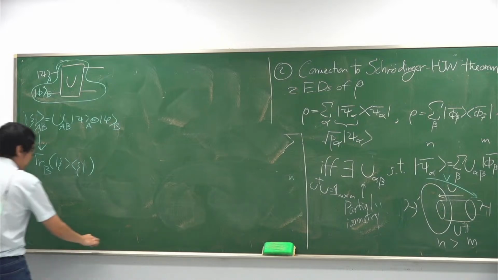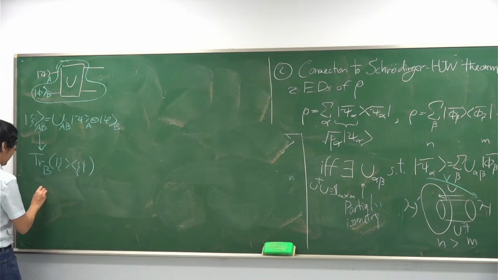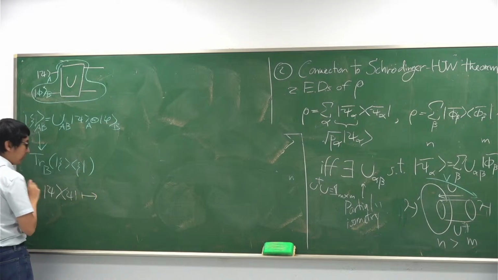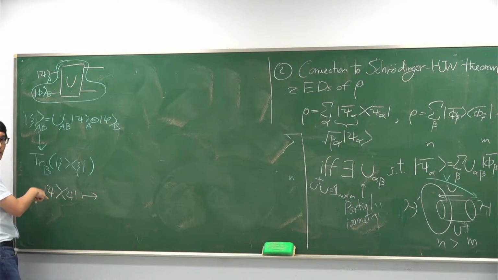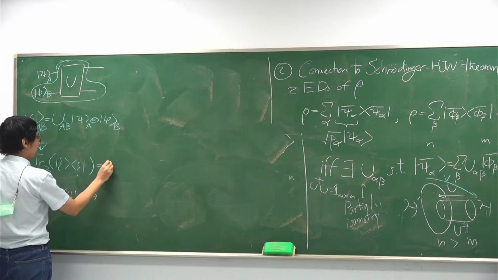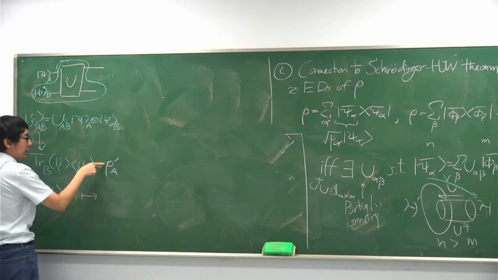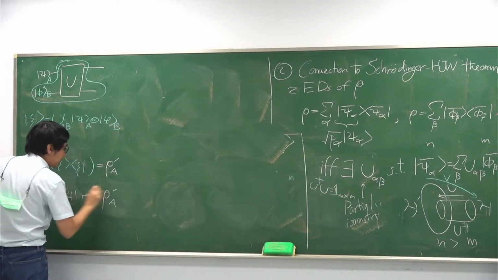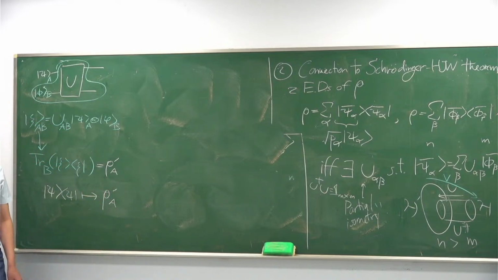But then the question would be, how to describe this transformation on the system. So let's say this is rho A prime, so it's already transformed. How to describe this time evolution? Because a unitary evolution cannot map a pure state to a mixed state. It can only map pure to pure, right?